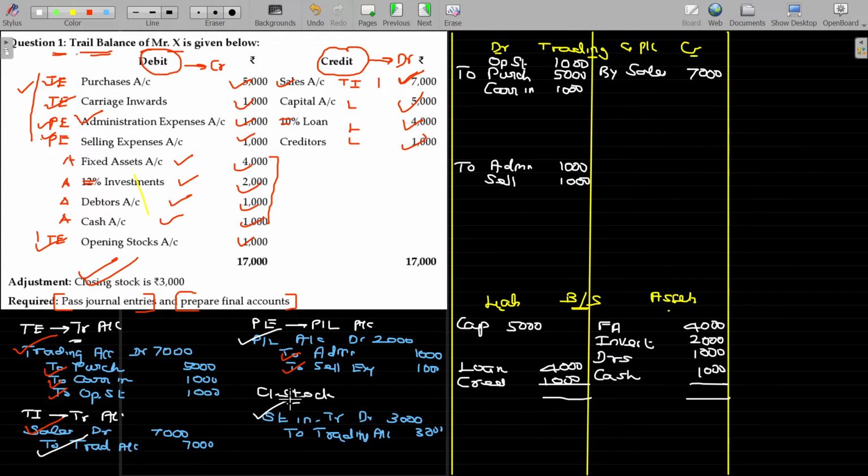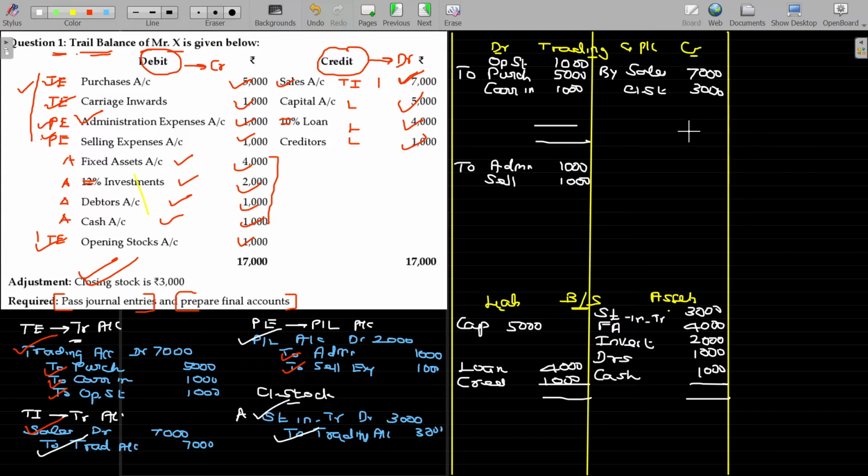It's an asset. Asset should be posted only in the asset side. Remember, it's an asset. Should be posted only in the asset side. Stock in trade, this value being 3000. And in trading account, it's in the credit side, no? So in trading account, in credit side, we have to now post that as closing stock. This value being 3000.